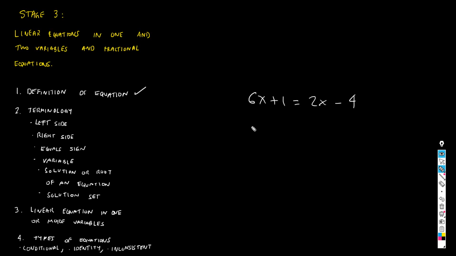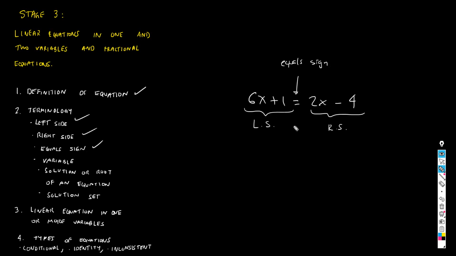The terminology for this equation and all other equations is the following. The left side of the equation is this one. The right side of the equation is this one. The equal sign is this one, equals sign. Okay, you see how simple it is?